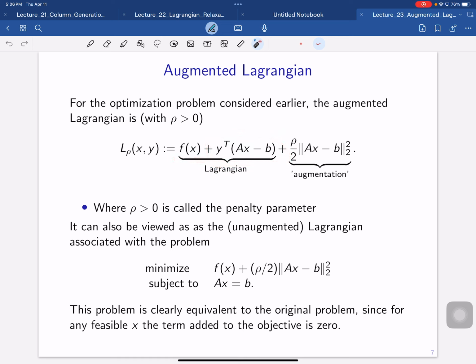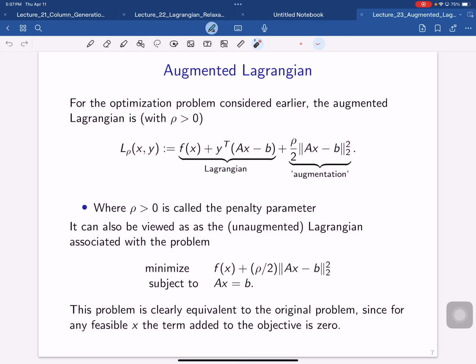But the augmented Lagrangian is saying, I'm going to augment this function by a penalty on the violation of the constraints. If you have the 2-norm of Ax minus b, then you are essentially penalizing the violation of the linear equality constraint Ax equals b, right?